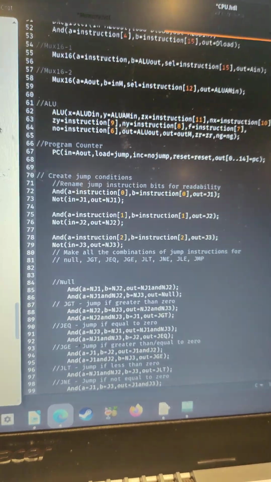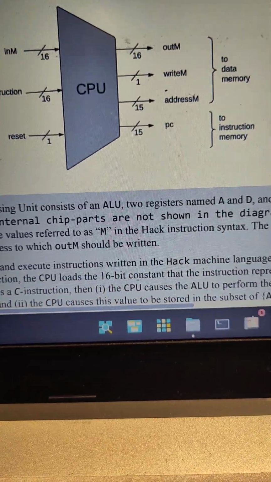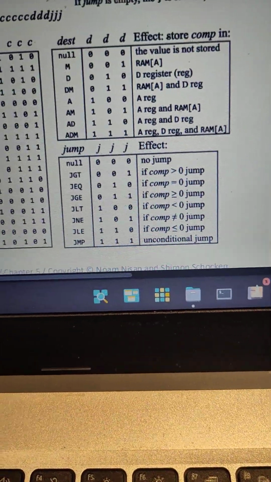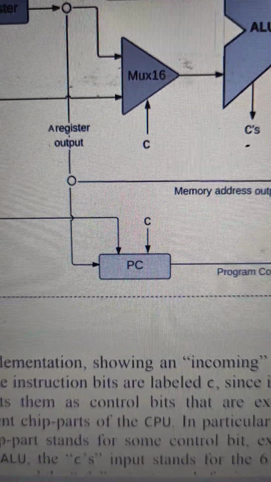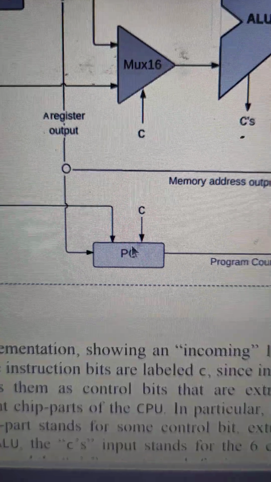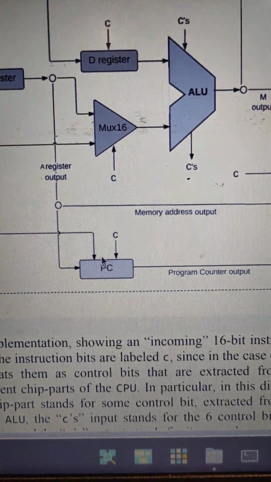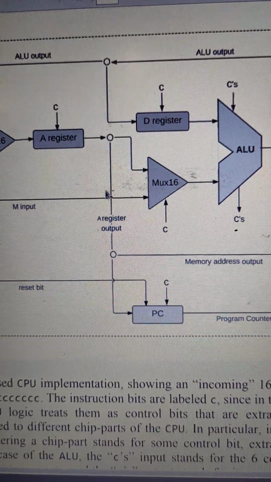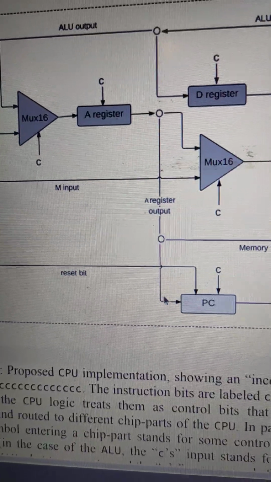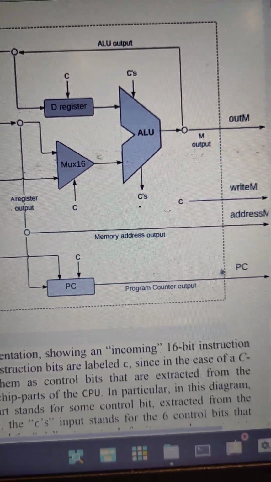That was kind of a hang-up for me because the program counter here has 3 inputs, and the program counter on the CPU diagram has only 2 in the top there. So that threw me. The program counter will increment unless there's a jump. If it jumps, it will take whatever is in the A register, and that will become the new address that it's pointing to.